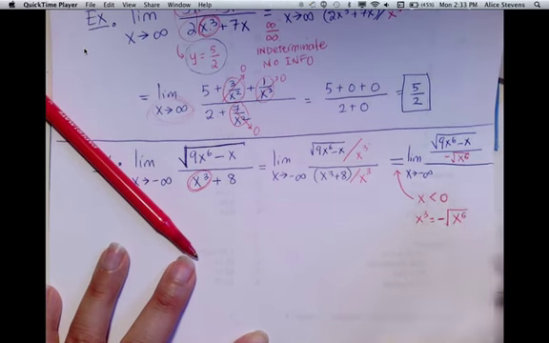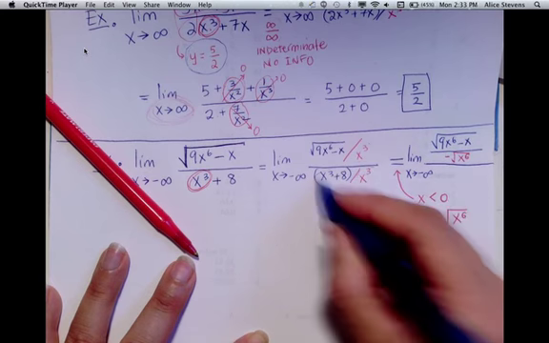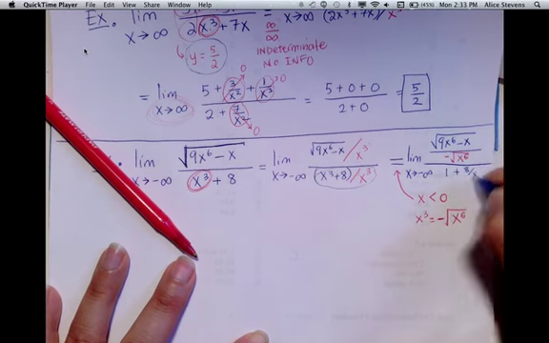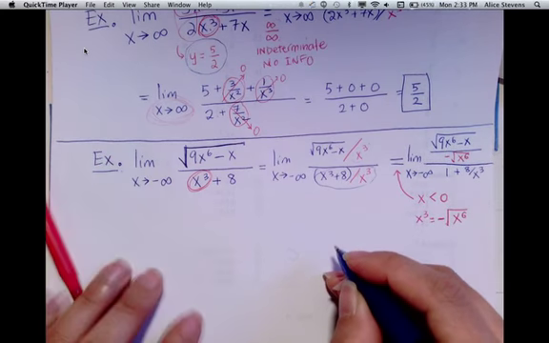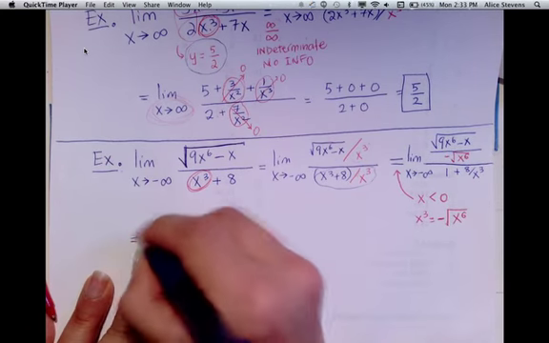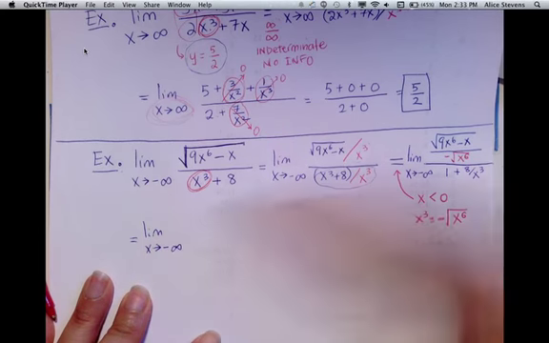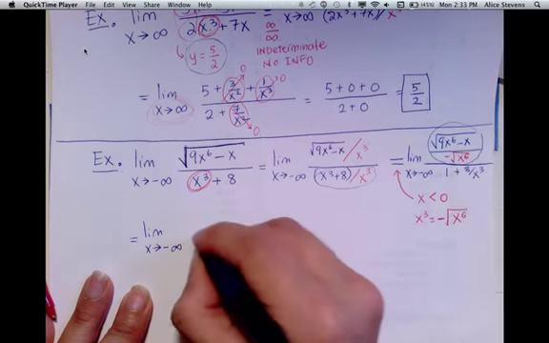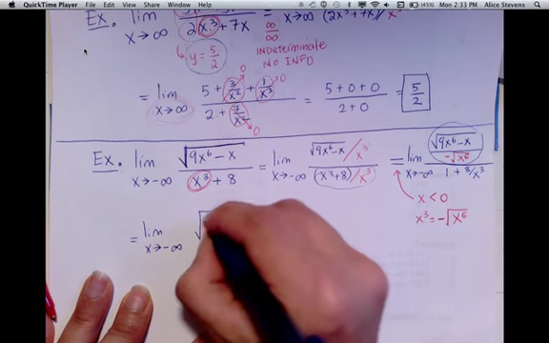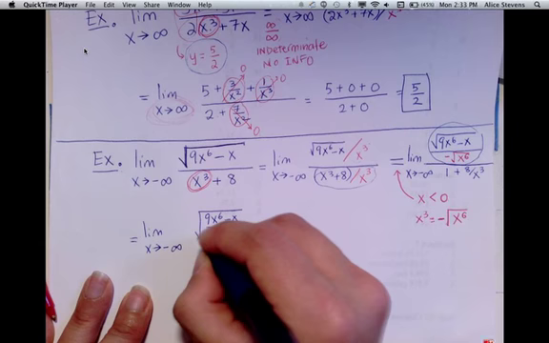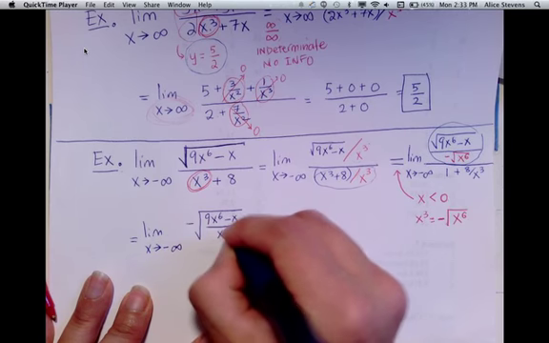And I'm just going to work on the denominator here. So this becomes 1 plus 8 over x cubed. Continuing. And now I'm going to combine my two roots. So I have 9x to the 6th minus x over negative x to the 6th.